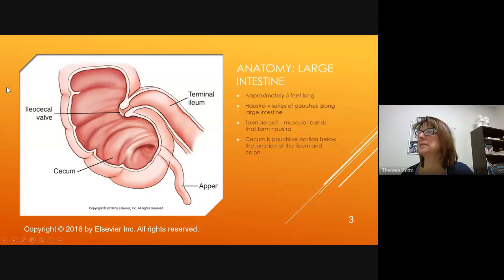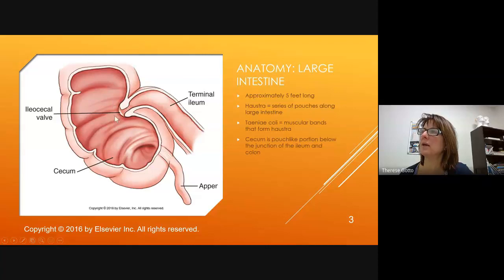Okay, the large intestine is approximately 5 feet long. It consists of a series of pouches along the large intestine. These are called haustra, and the teni coli are muscular bands that form the haustra. The cecum is a pouch-like portion below the junction of the ileum, the terminal ileum, just meaning the end of the ileum, and the colon.